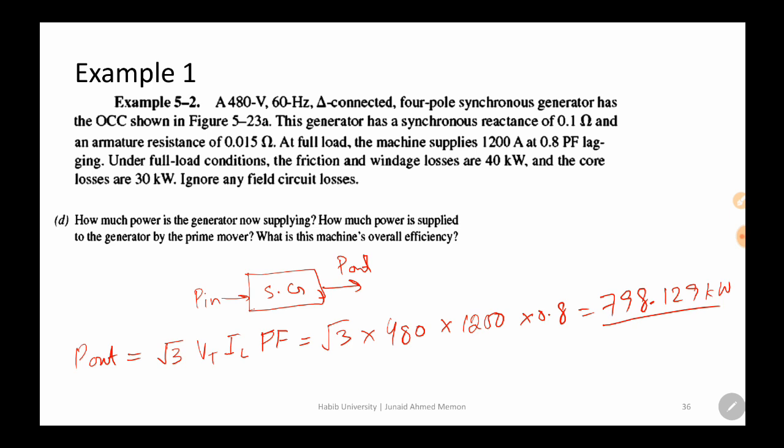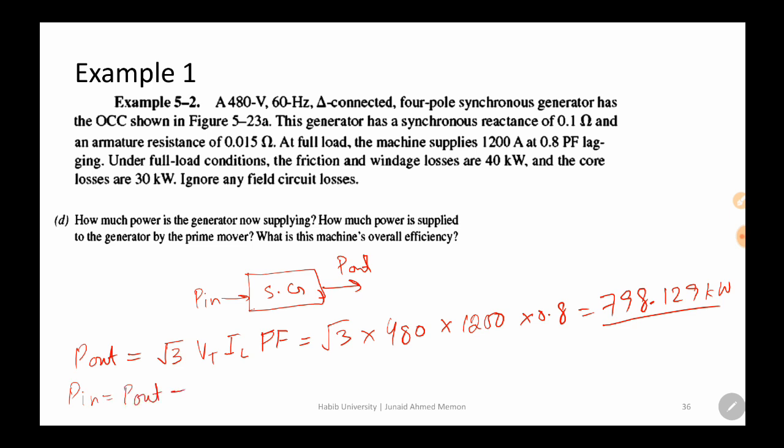So let's think about how we can calculate the P input. We do not have the input power straight away available from the mechanical side, so we can calculate the P input from the P output.